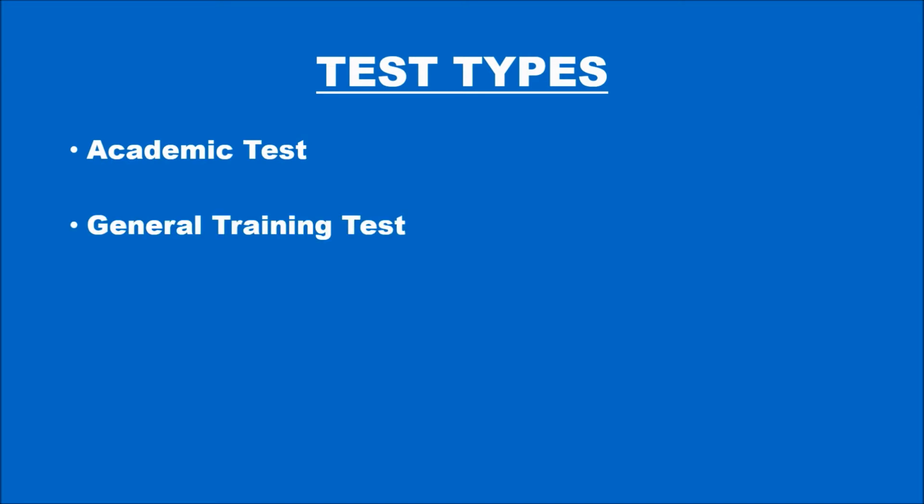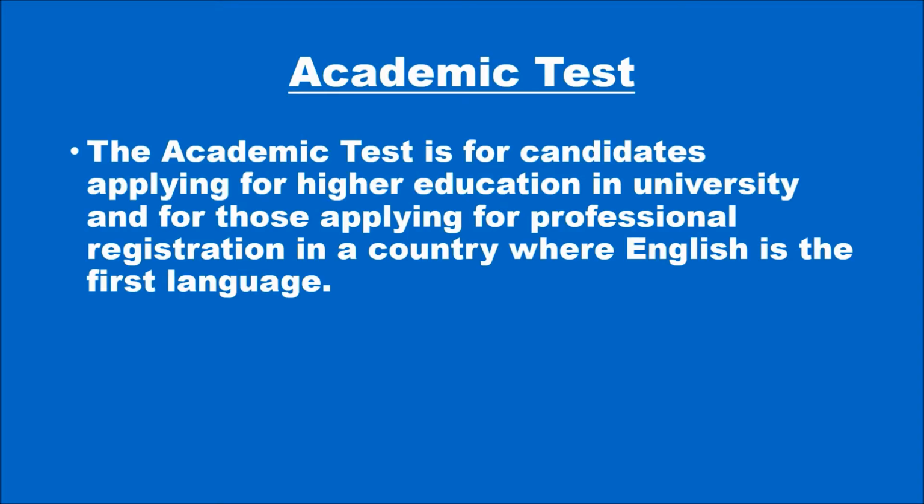The IELTS has 2 test types: the academic test and the general training test. The academic test. The academic test is for candidates applying for higher education in university and for those applying for professional registration in a country where English is the first language.